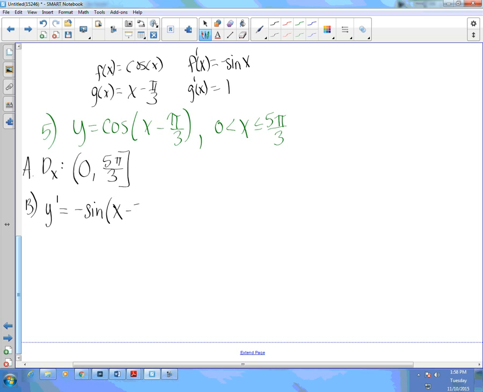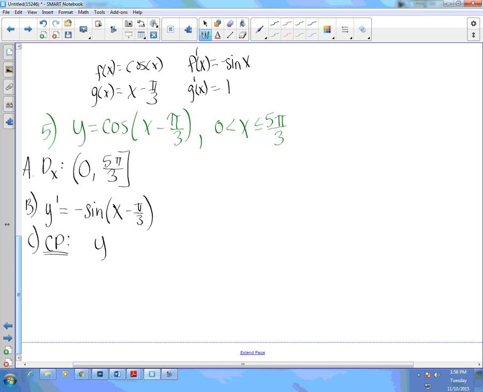So we get negative sine of x minus pi over 3, all times 1, which we don't have to write. Are we okay there? Chain rule? Okay, part C, critical points.